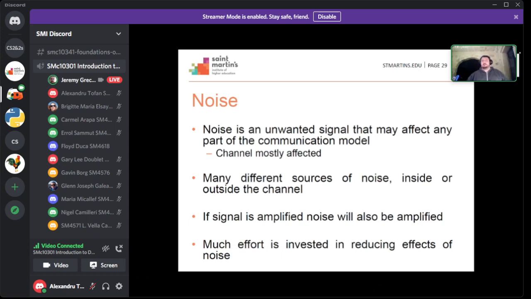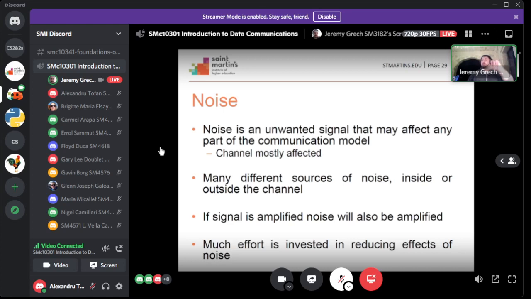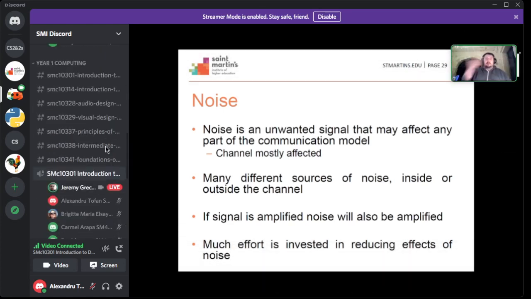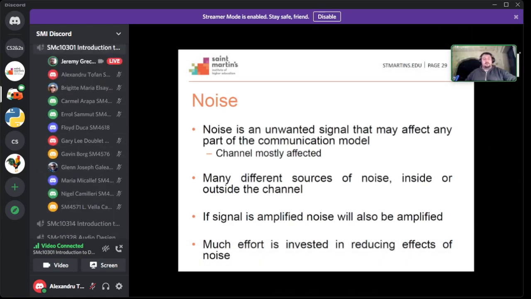Okay, it seems not. So, I already sort of picked up on this next point earlier, when we talked about the idea of noise. Essentially, noise is anything which is unwanted that can affect the communication in some way, shape, or form. Now, as I said previously, there are various different amounts of noise that you might have, that can come from inside or outside the channel of communication.